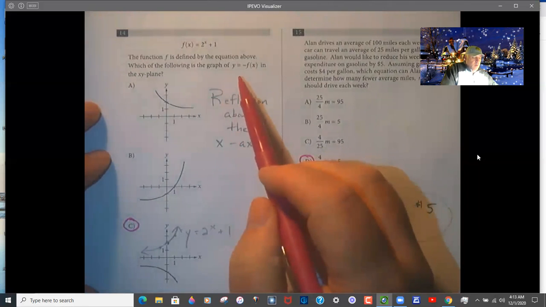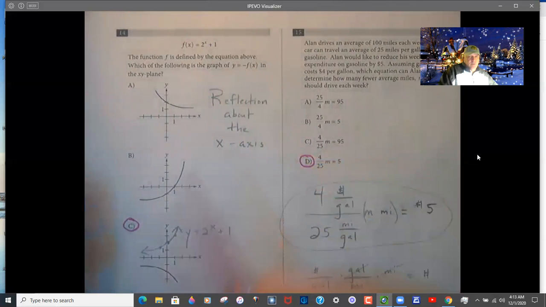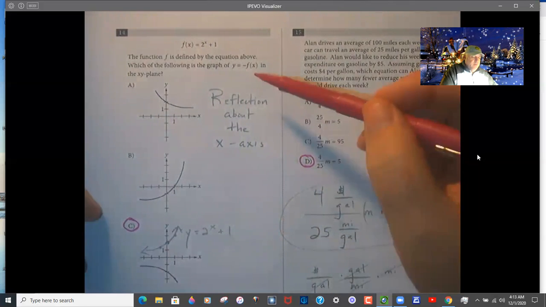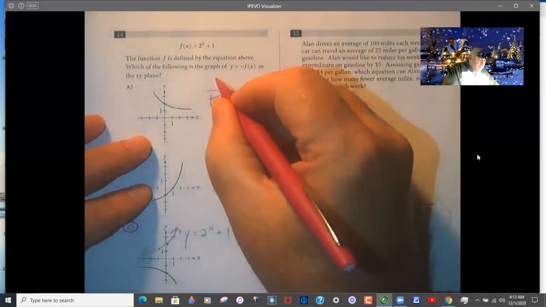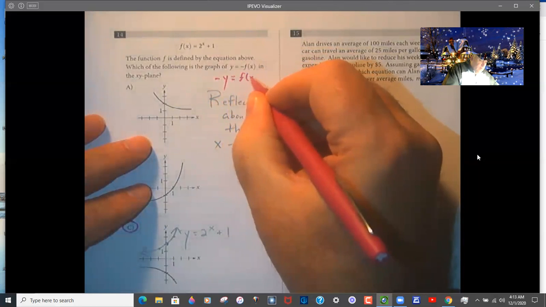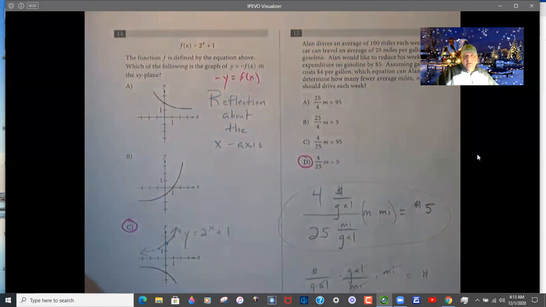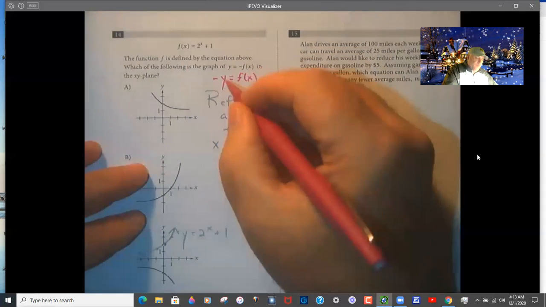So what you need to know, I should say, is that this is a reflection about the x-axis. So what happens is that y gets replaced with negative y. You always treat the opposite variable. If it was a reflection about the y-axis, x would get replaced with negative x, and then you solve for y.